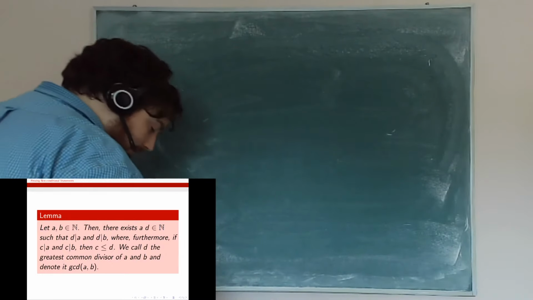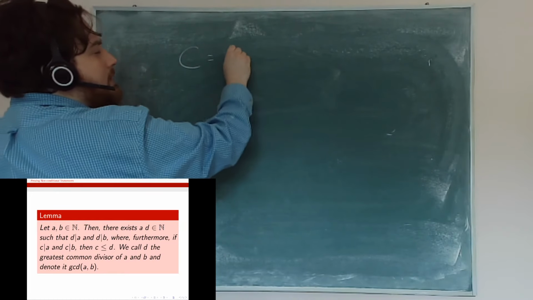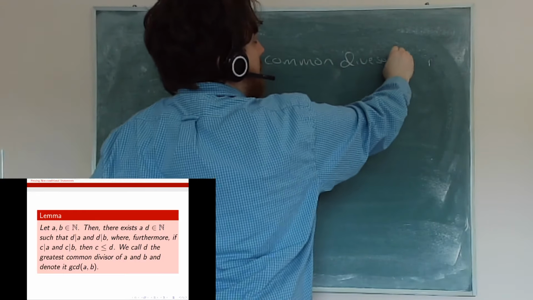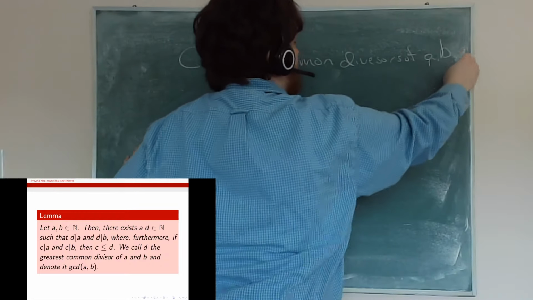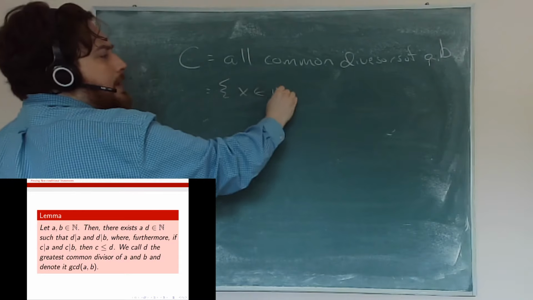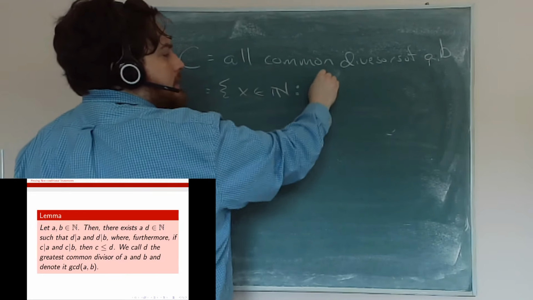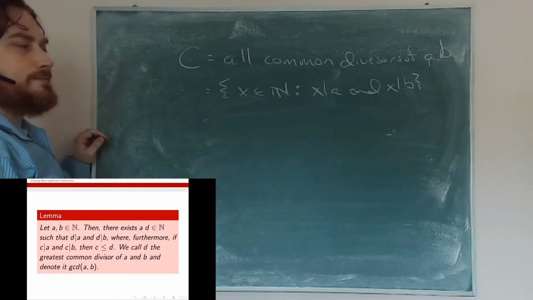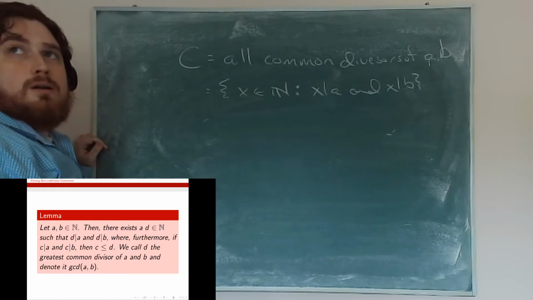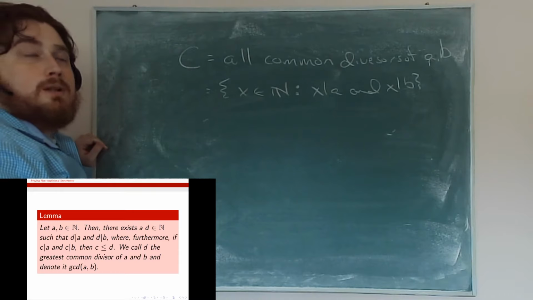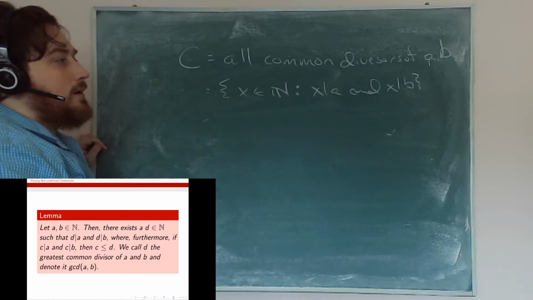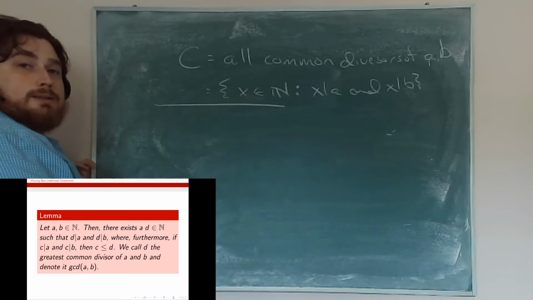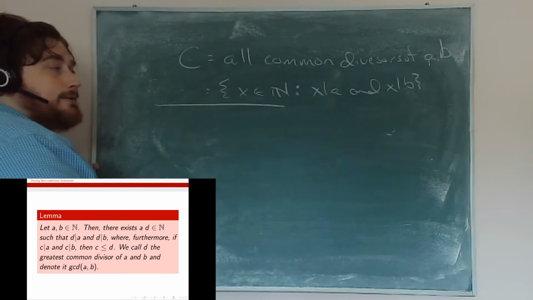So let capital C be the set of all common divisors of A and B. And since we're working with natural numbers, that is the set of all x in N such that x divides A and x divides B. Now, in order to show this is non-empty, I actually have an existence proof, so I have to show that something exists in here.